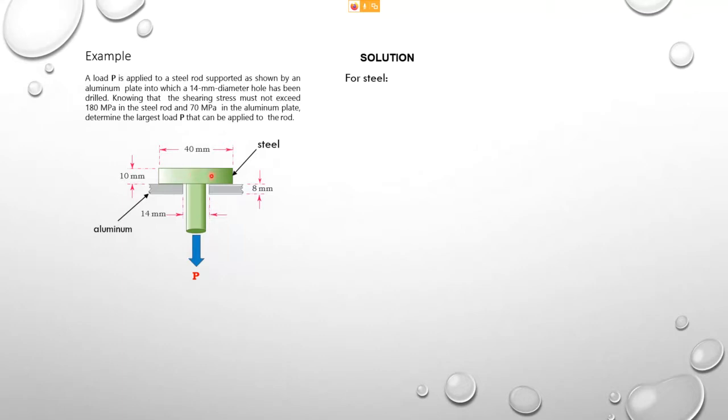Now, if this steel rod here is not as strong as the aluminium plate, so this thing here will fail compared to this. So how does it fail? So remember there's a support here. So what happens when I pull this down?